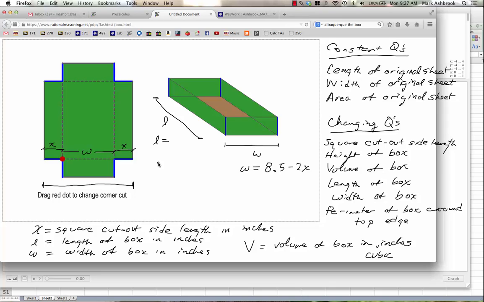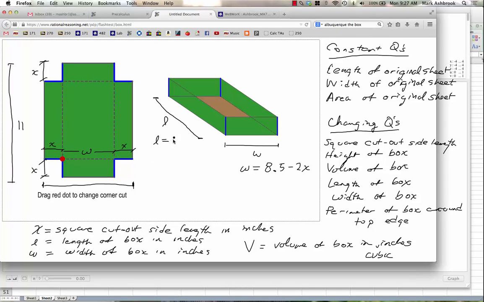How long is the length of the resulting box? Yeah, so same thing. We start with 11. That's our 11-inch piece of paper. And we're going to take off x like here, say, and take off another x down here. So then the resulting length is going to be 11 minus 2x.